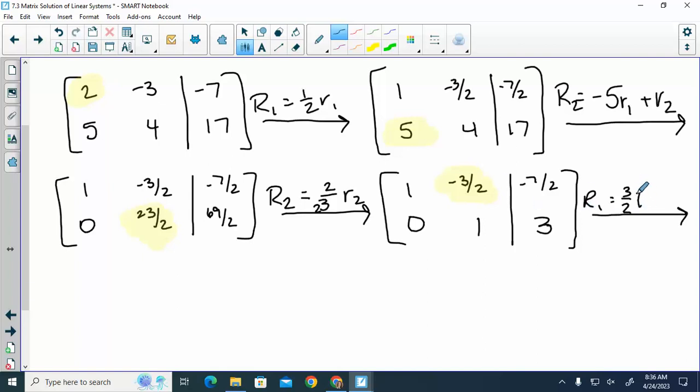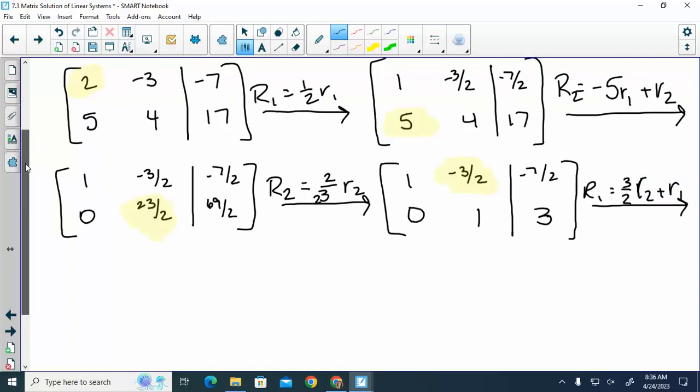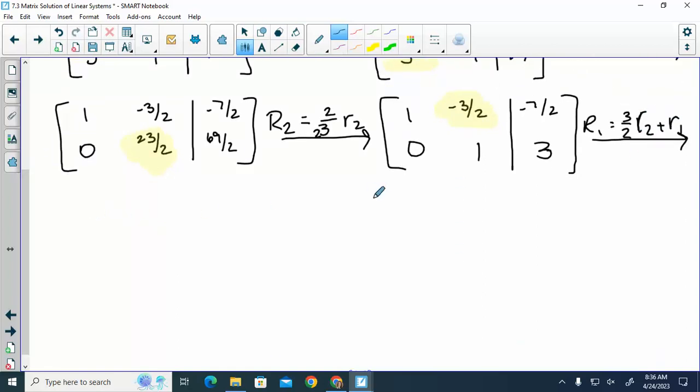So we're doing 3 halves times row 2 and adding that to row 1. So row 2 stays the same.